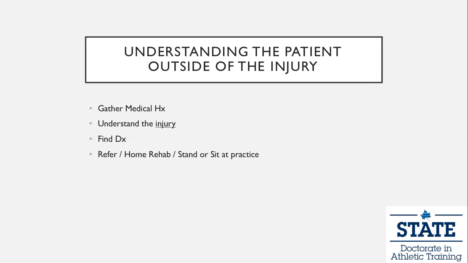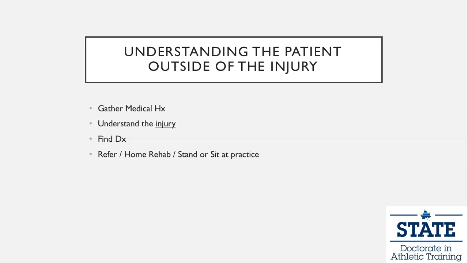I try and understand the injury, getting a mechanism, how it happened, and then I go through the evaluation, find a diagnosis, and then we either refer, give a home rehab plan, or have them stand or sit at practice.